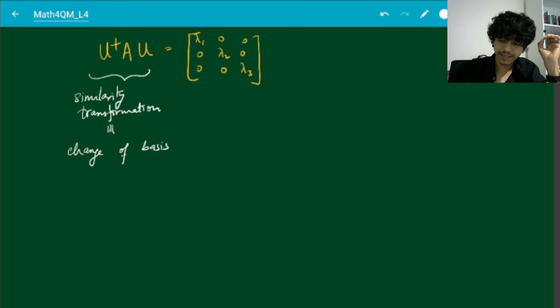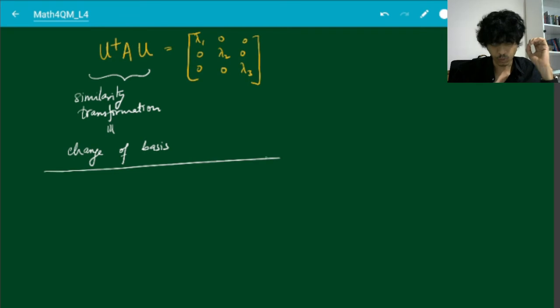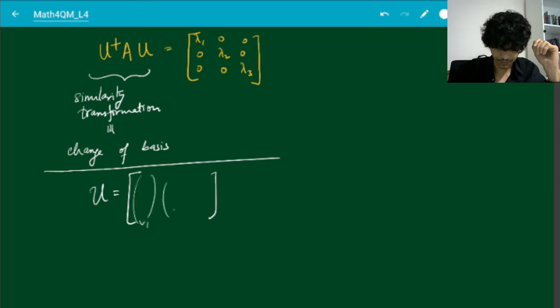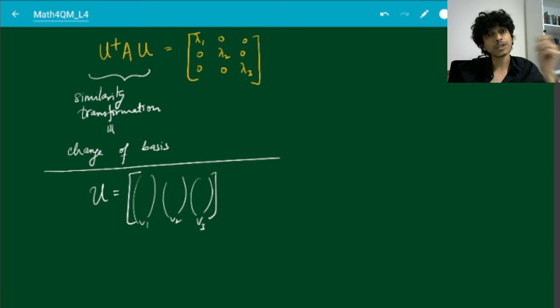So when we are finding eigenvalues and eigenvectors, and this is the crucial part, so listen to this carefully, what we are basically doing is constructing a unitary change of basis with the vectors v1, v2, v3. We are choosing to go to a different basis, and by implementing this similarity transformation, we are going to that basis in which the matrix A becomes diagonal.